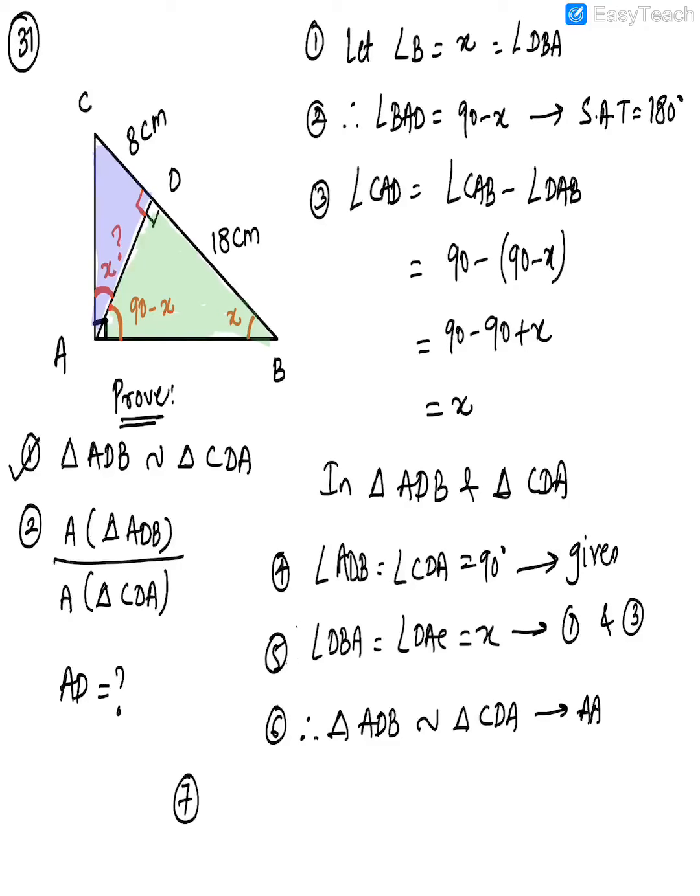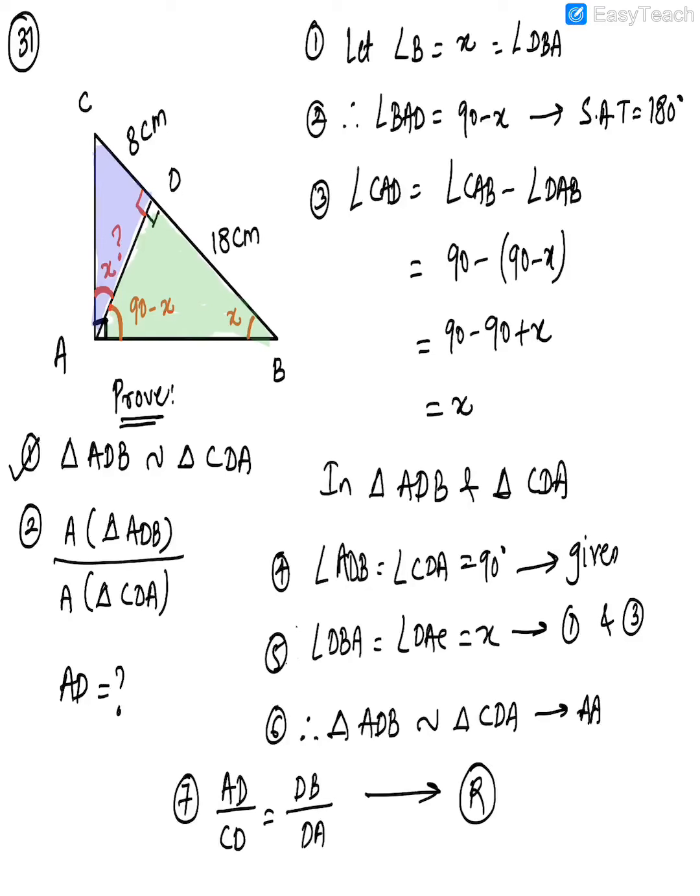Now you see I've got AD and DA, right? When you cross multiply, you will get AD into AD is equal to CD into DB. What is CD into DB now?